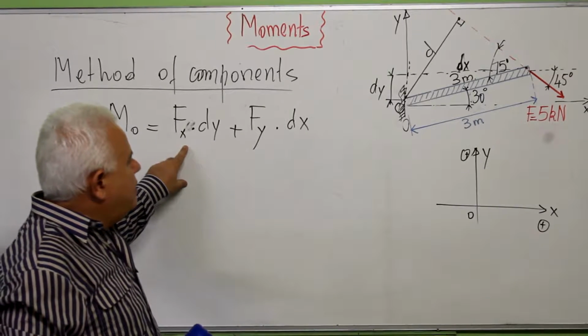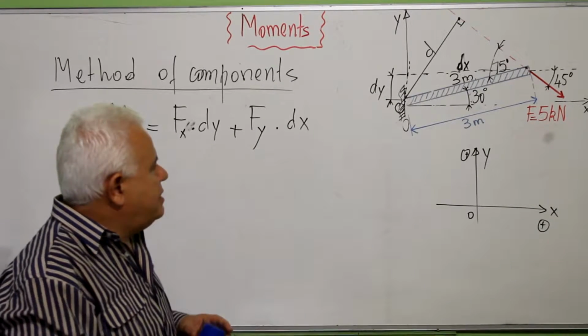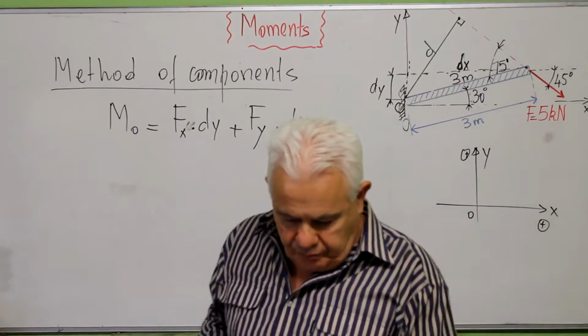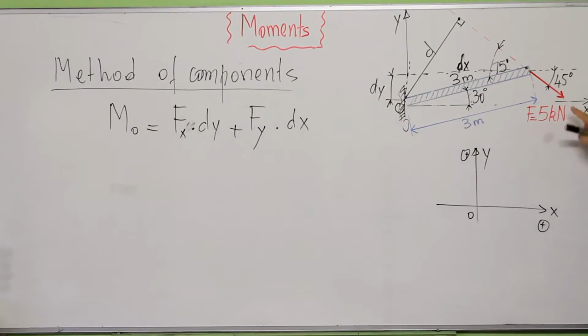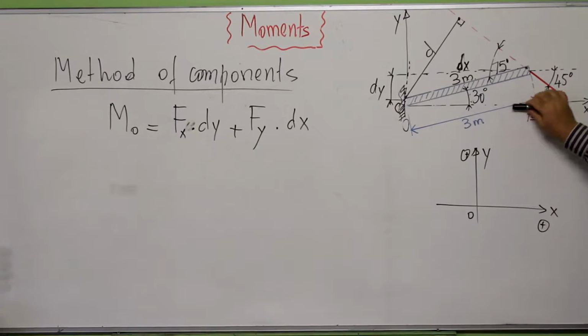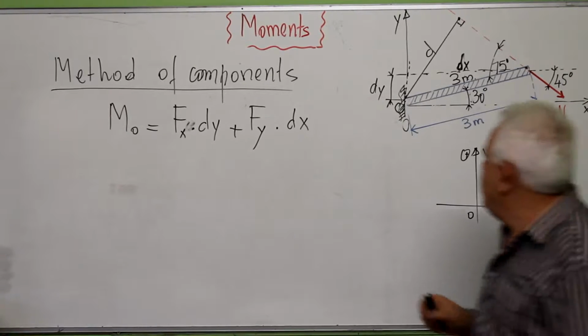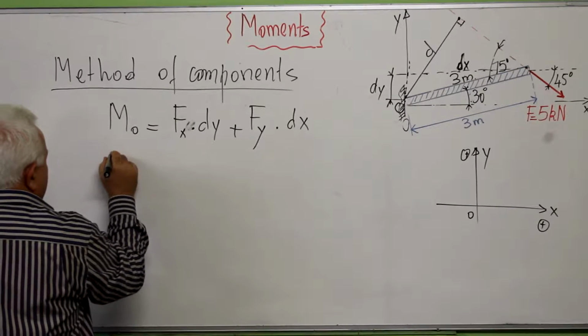Now I have to find my Fx and Fy. Fx is the component of the force along x. The component of the force along x, the x-axis, which is parallel to this one, is F equal 5 times the cosine of 45 degrees. And the vertical component is 5 sine 45. Now I write everything here. I start by calculating dy.